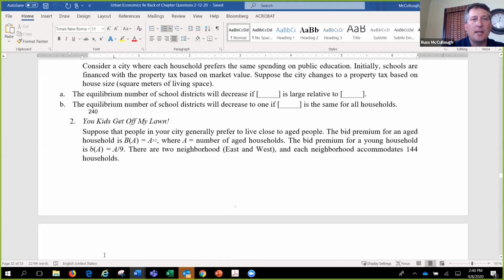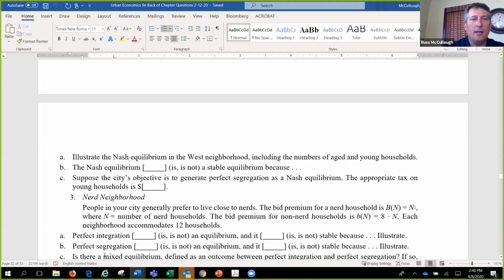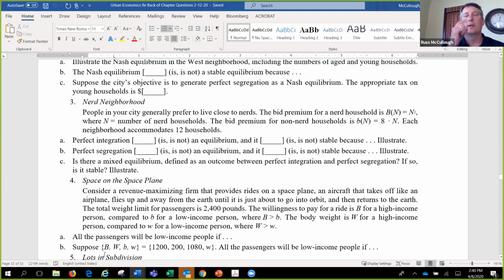All right, let's take a peek at this number 3, the nerd neighborhood. It's important for you guys to get what's going on with this premium curve. We had an unusual function, which is what these problems usually throw at us. So we had an n squared and an n.